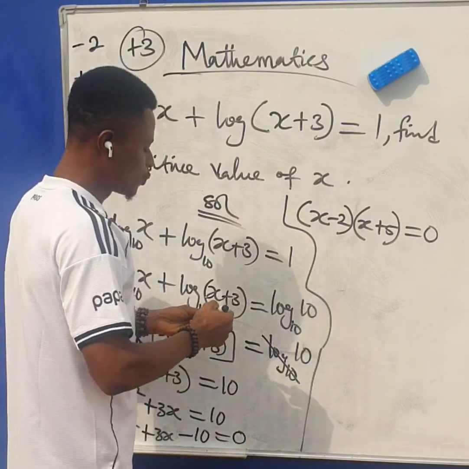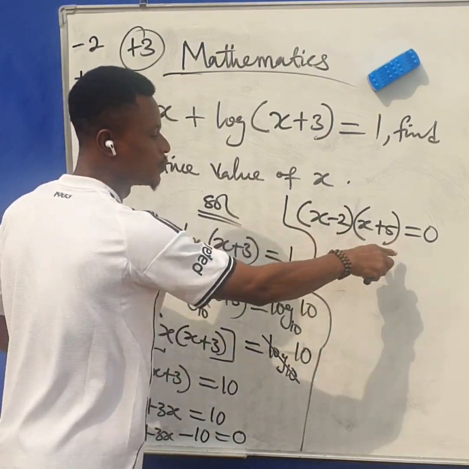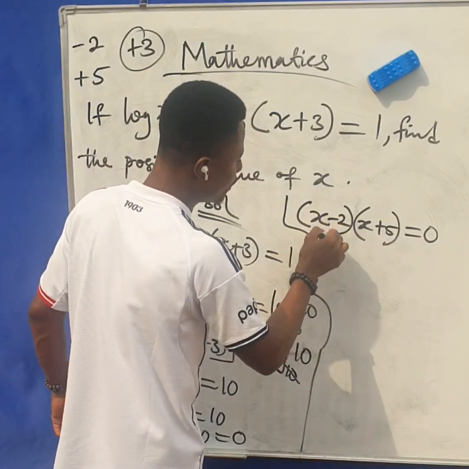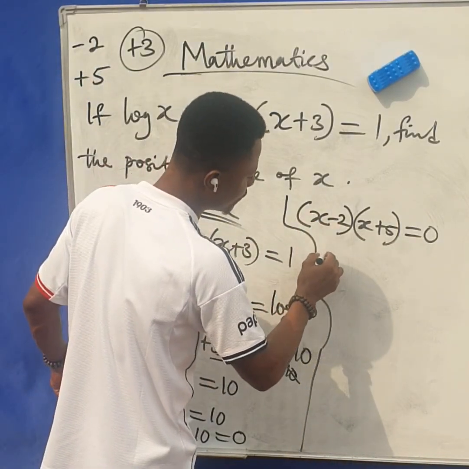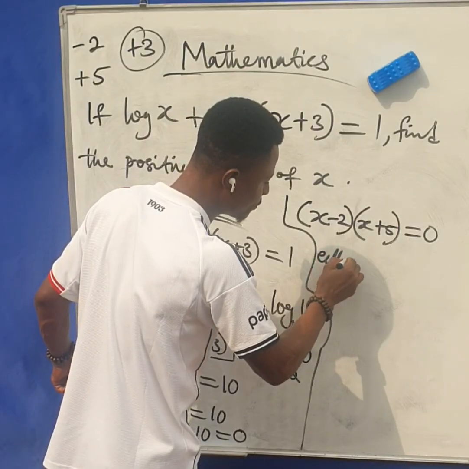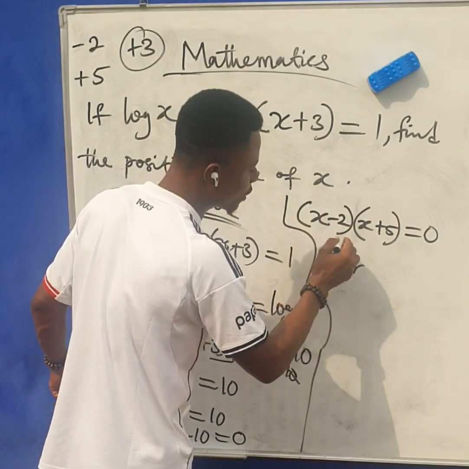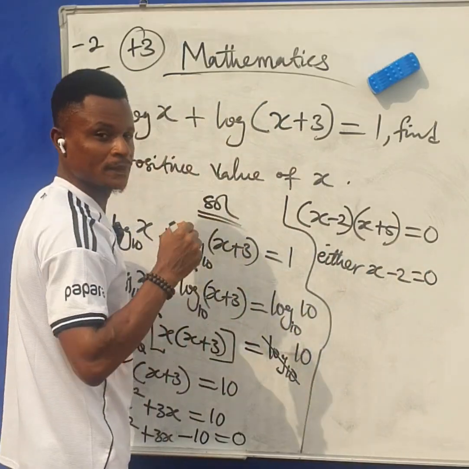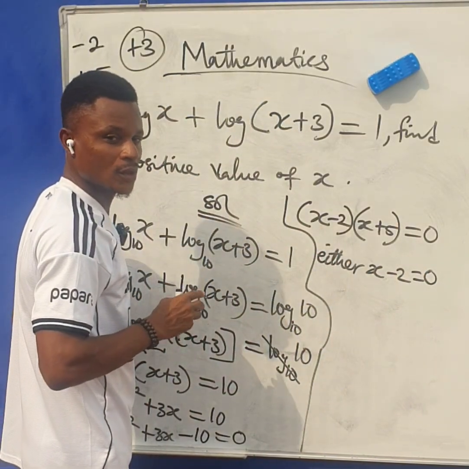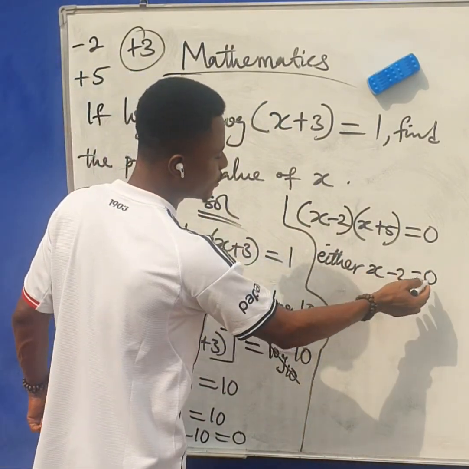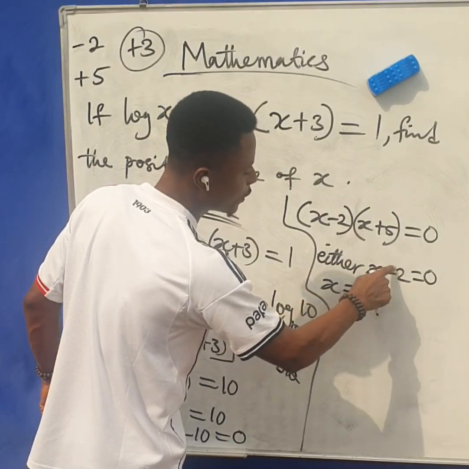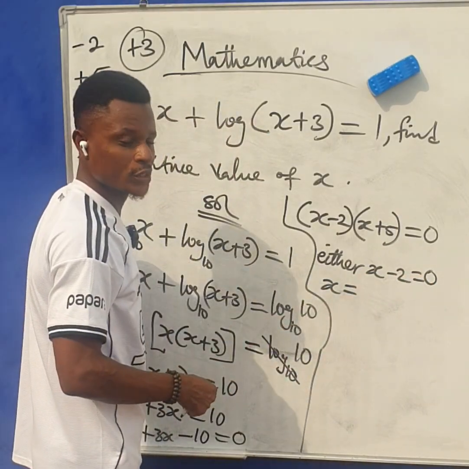Now, we are going to equate each of these brackets to 0 and then solve for x. When we equate the first bracket, we use the word either. This first bracket, x minus 2, is equal to 0. Hope you're following. Then from this, you can say x is equal to, if you move this negative 2 to the right-hand side, it changes to positive 2.